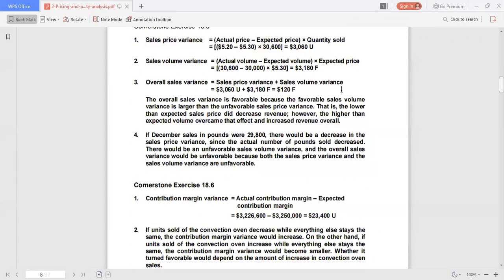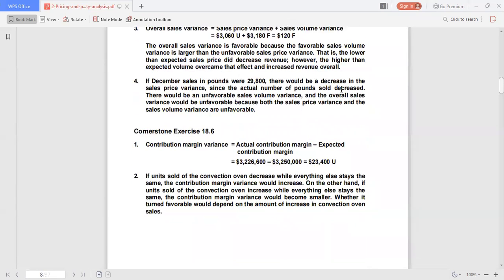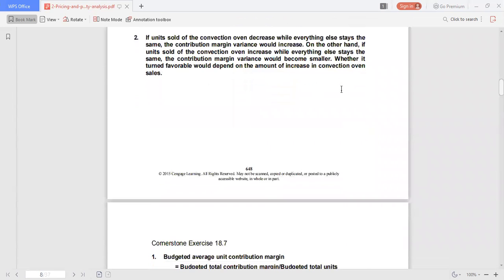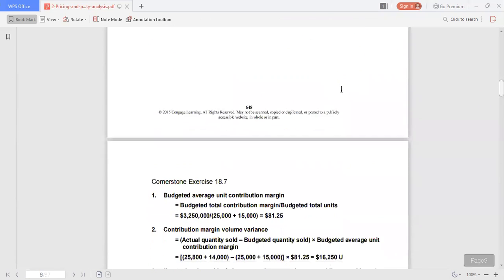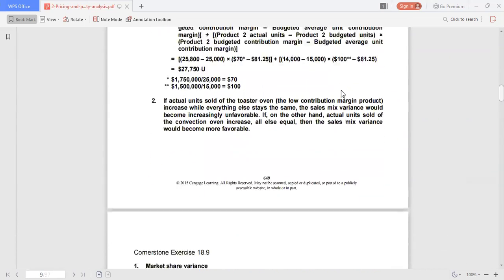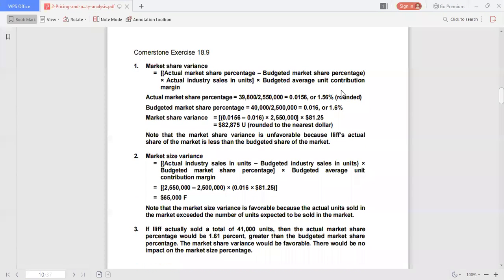Now, let's try to determine the market share variance for number 9. Okay, how do we determine the market share variance and the market size variance? We have 2-9. Calculate the market share variance. Take percentage out to 4 significant digits.